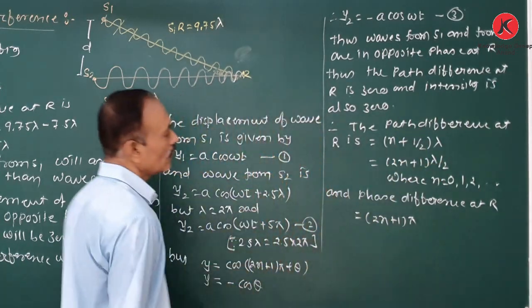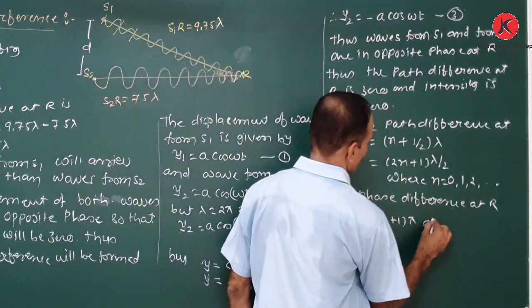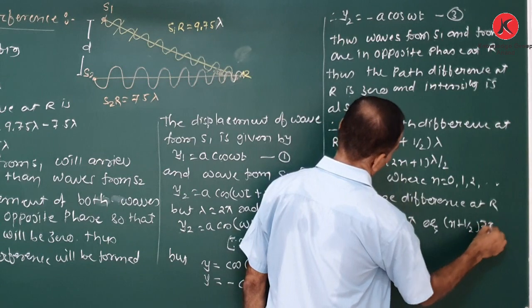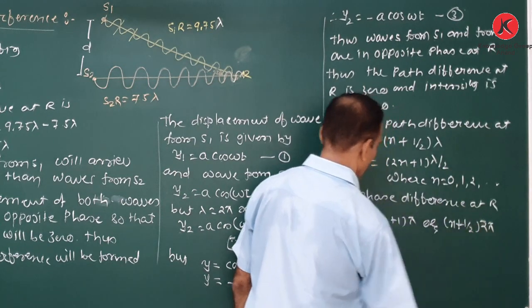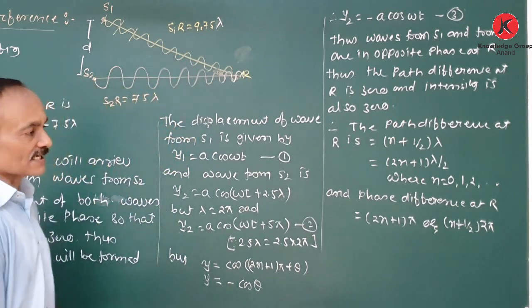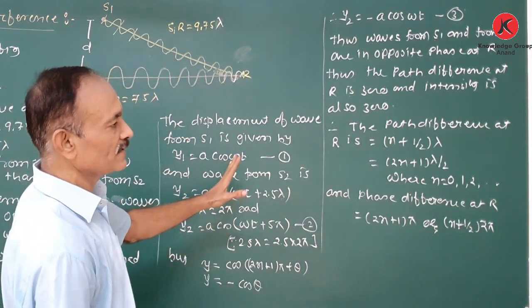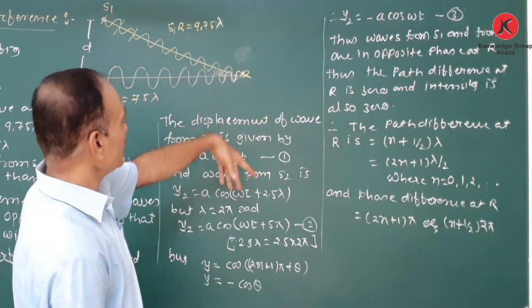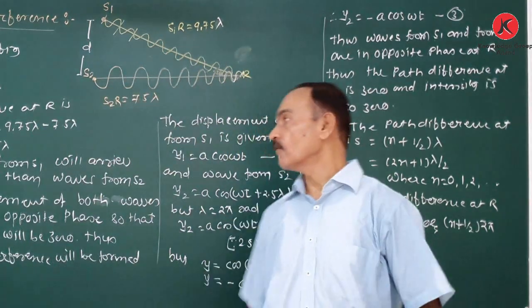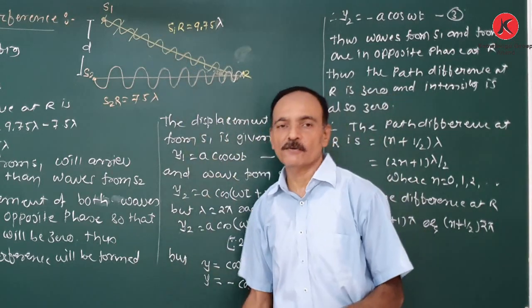Clear this thing? Okay. Or in other words, we can also write n plus 1 by 2 into 2 pi as the phase difference. So there is the constructive interference, we discussed that. Here the path difference at point R is due to the superposition of two waves, one from S1 and second from S2.